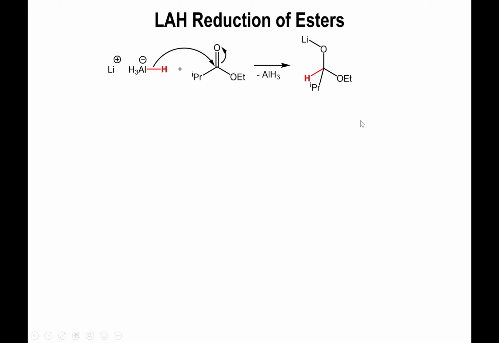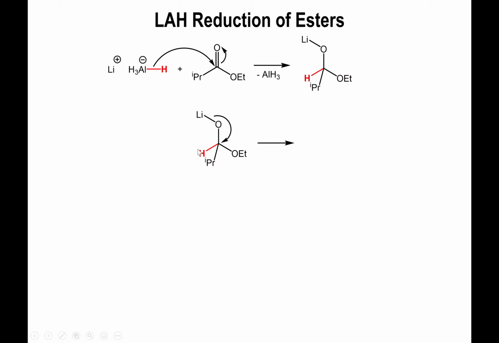Now this is the part that is going to look very funky to you, because as of now, what we've been telling you is that you have to have a good leaving group if you're going to do some sort of elimination. If something is going to come off carbon, it better be a leaving group. And as it turns out, what we're about to kick away is not a leaving group. Specifically, those bonds of that lithium alkoxide are going to come back down to reform the carbonyl.